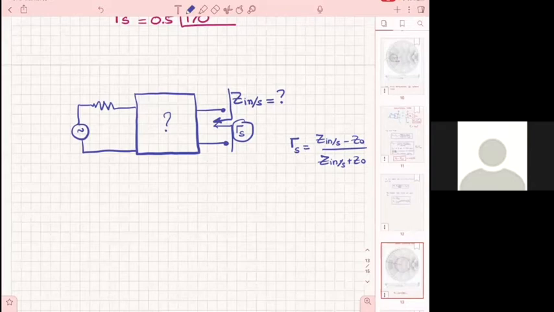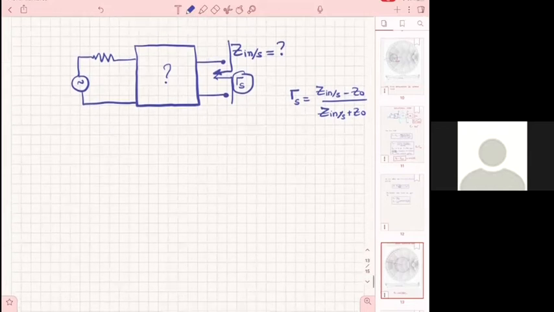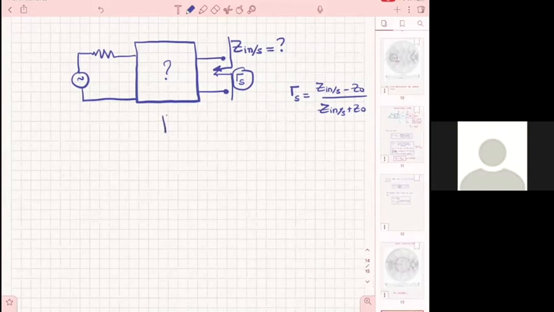But when we design a matching network for an equivalent input impedance, that's the equivalent Thevenin. So all of the voltage sources become 0. All right. So practically, what I'm looking here to do is to design this matching network.